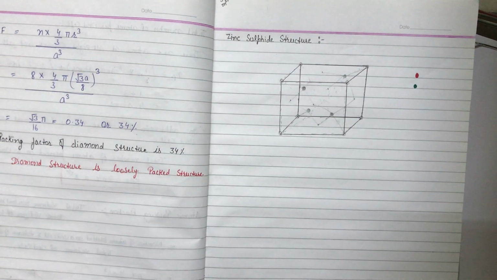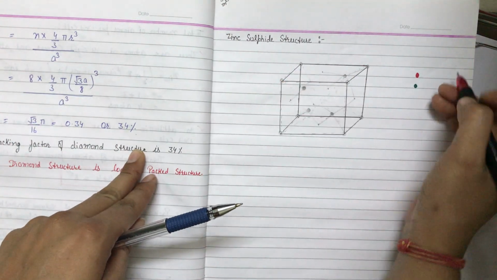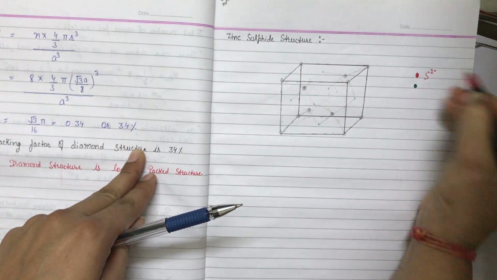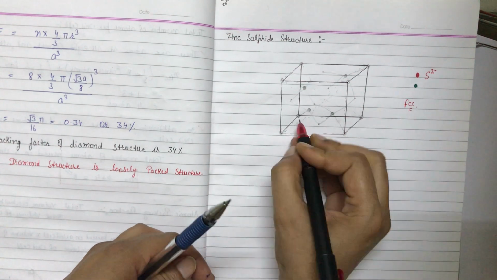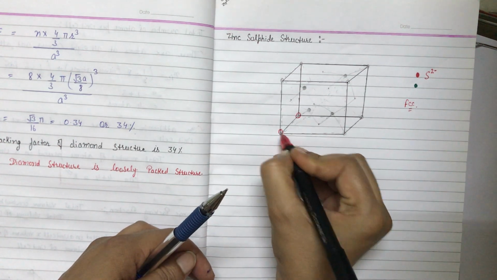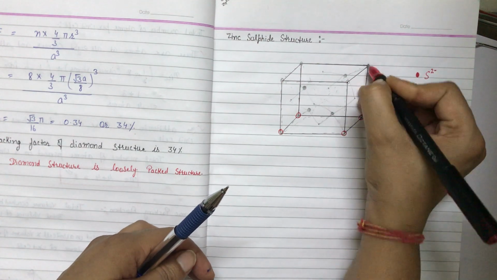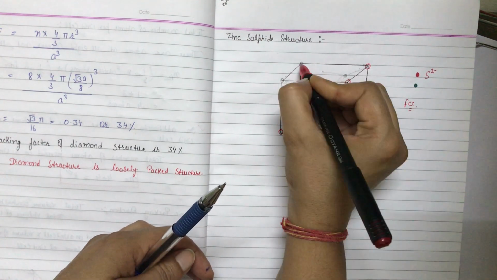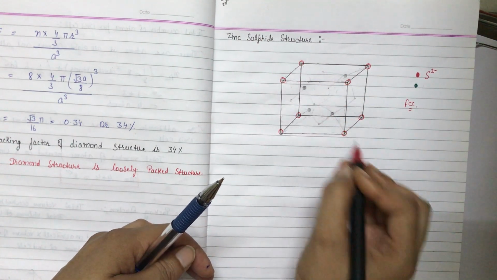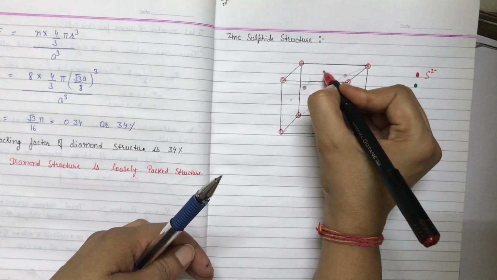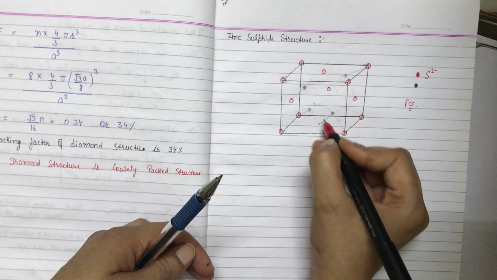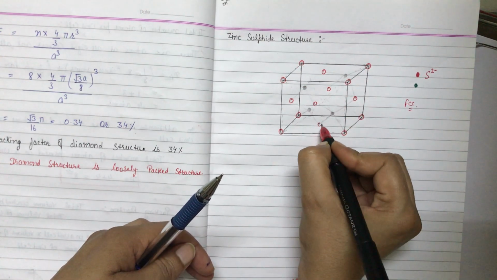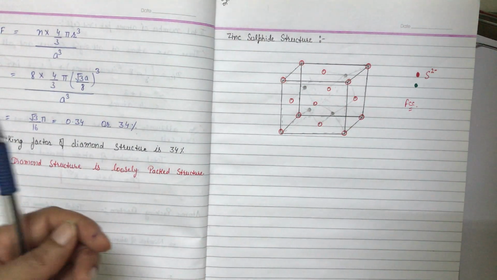Let's first mark the sulfide atoms' location, which is S2 minus, and these are placed at FCC positions. So this is the S2 minus atoms location. These ions are also placed at face center positions. So this is a face center, this is a face center, and this is a face center.